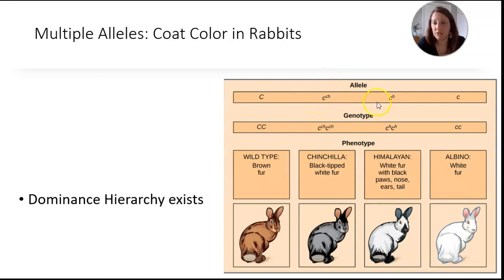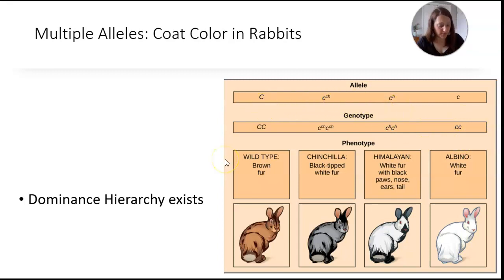So C^ch with C^h would be chinchilla, and C^ch with little c would be chinchilla. So we say that the capital letter C is dominant to the C^ch allele, but the C^ch allele is dominant to the C^h and the little c. So there's this hierarchy, right in that order. The only way to get an albino white rabbit is if you have two little c alleles. If any other allele is present, it won't be an albino rabbit.